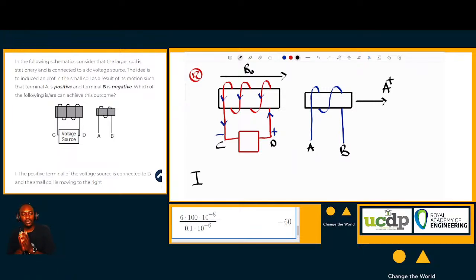And remember, to induce it, we should have a changing magnetic flux. Now, we are flowing a current on the larger coil on the left, and we're going to produce a magnetic flux. This flux is going to reach the small coil, and we're told that this small coil is moving away to the right. Then my question is, what is happening to the flux in the coil on the right? Is it going to be increasing or decreasing?